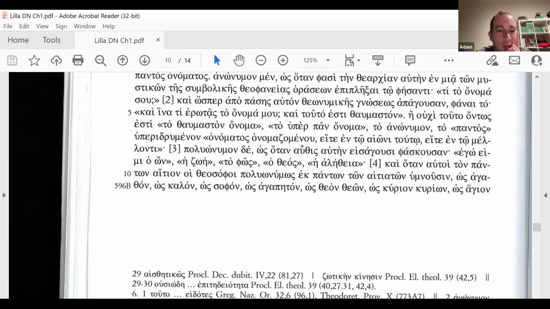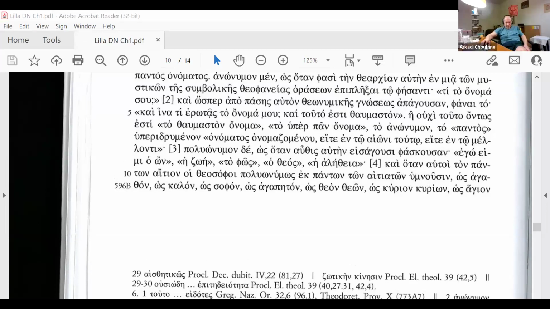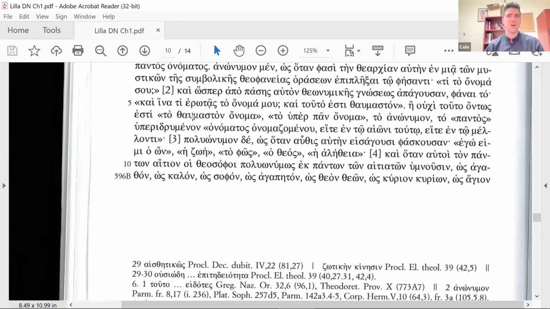Situated, seated. Yes, situated, being seated above every name. The one seated above all names.